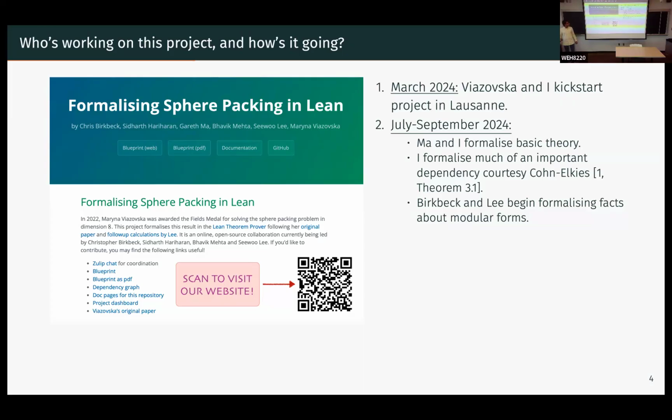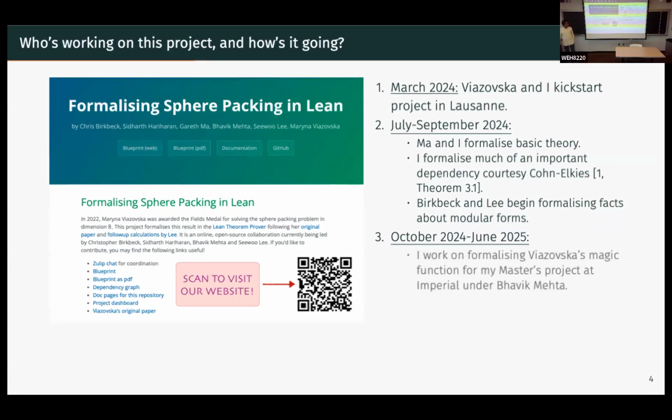One of the reasons why Siu was involved in this project is because there's one part of the proof for which Siu came up with a different proof from Viazovska, a proof that we think is more conducive to formalization. His paper is still being reviewed. So this is similar, at least in terms of timeline motivation, to what Hales said about formalizing Kepler. So Siu and Chris are working on modular forms.